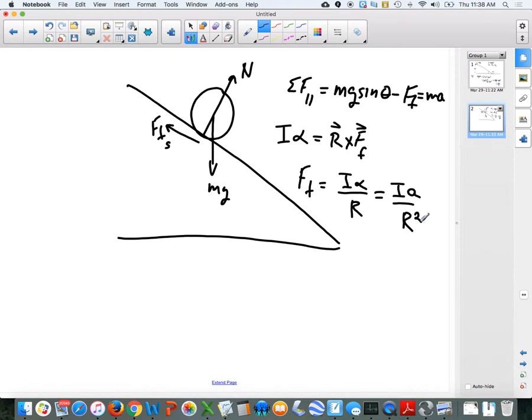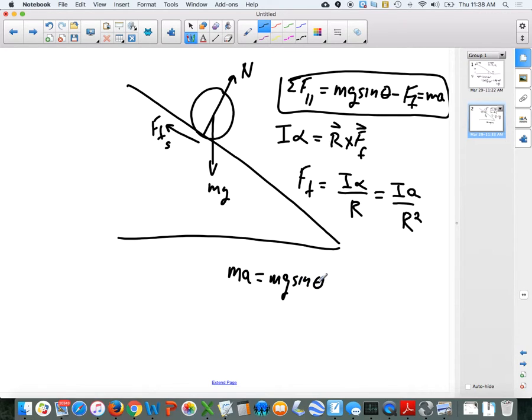Now I can come back to this equation and rewrite it as ma equals mg sine theta minus I a over r squared, or m plus I over r squared, times a, is mg sine theta.